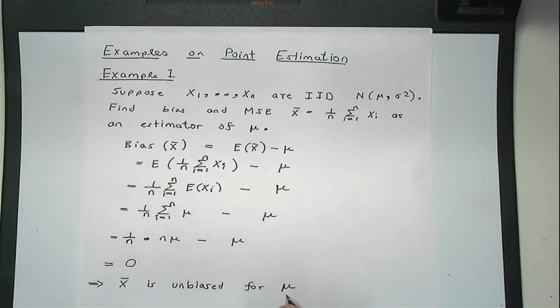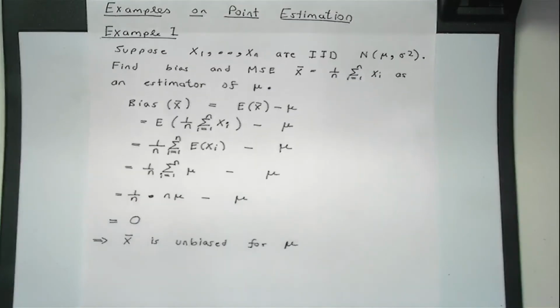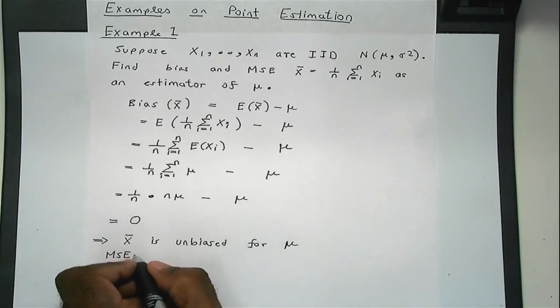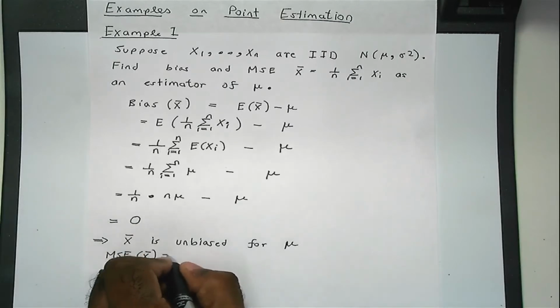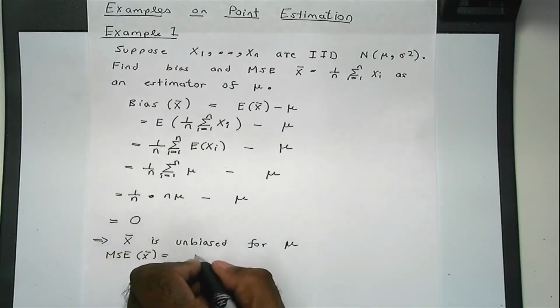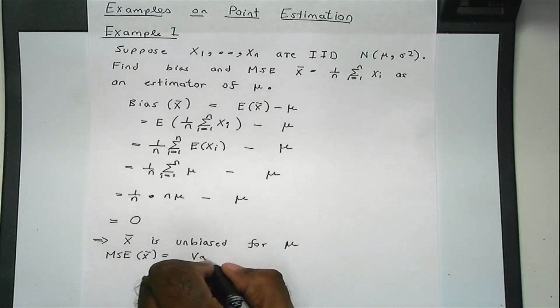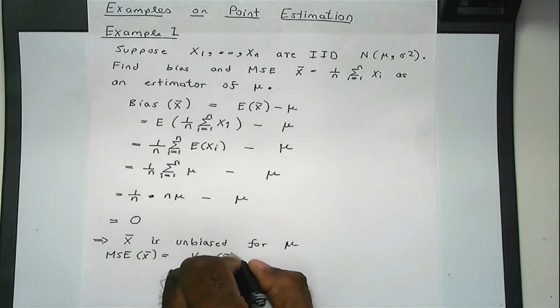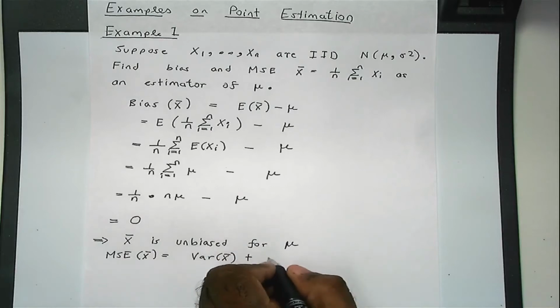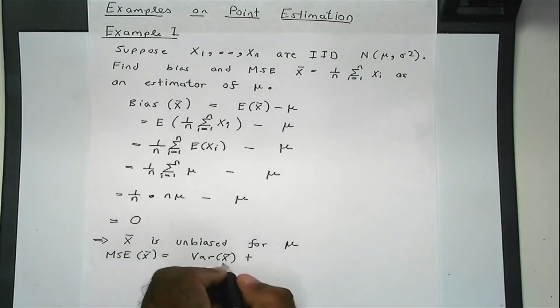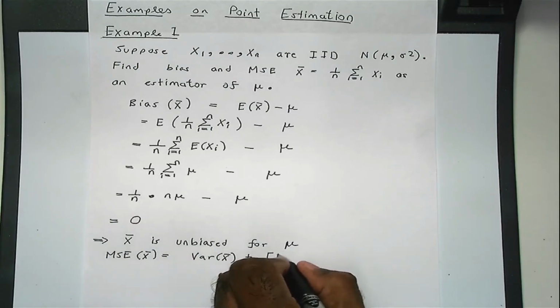Right. The next thing we need to find is the MSE. Now, the MSE of x bar, using property 1, you should remember property 1 from the previous video. It says that MSE is the variance plus the square of the bias.